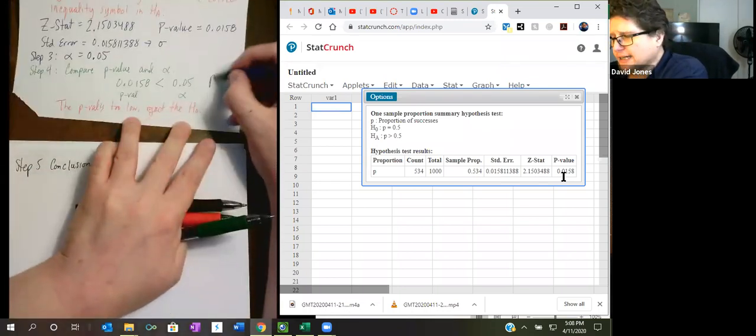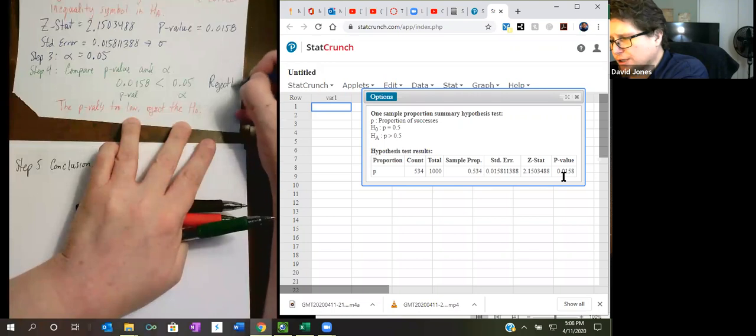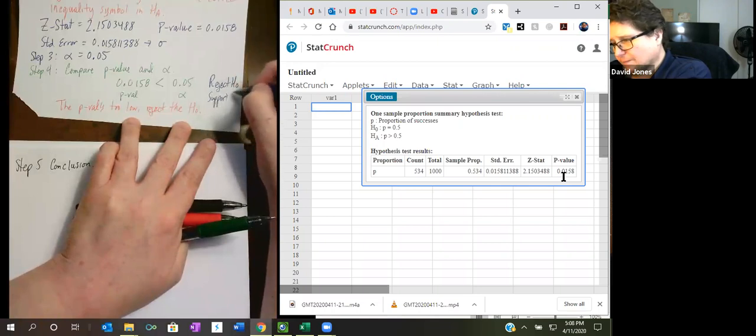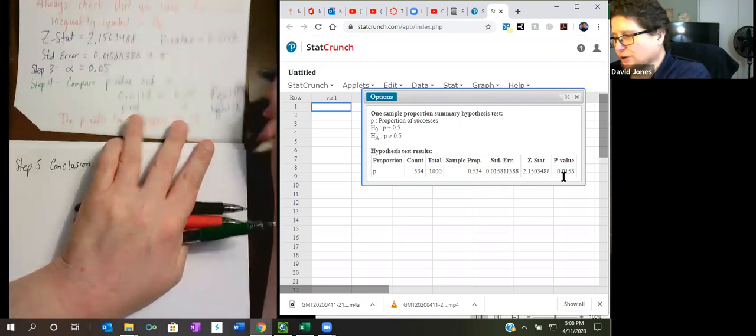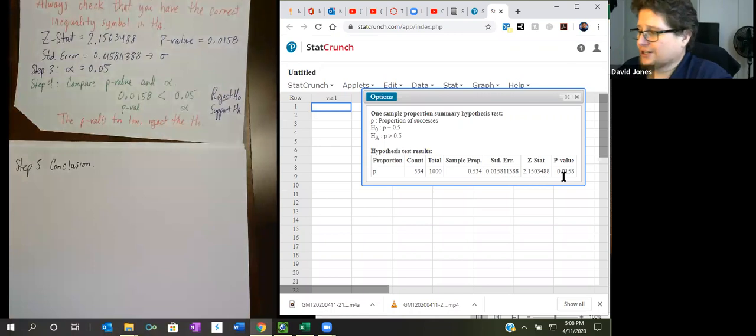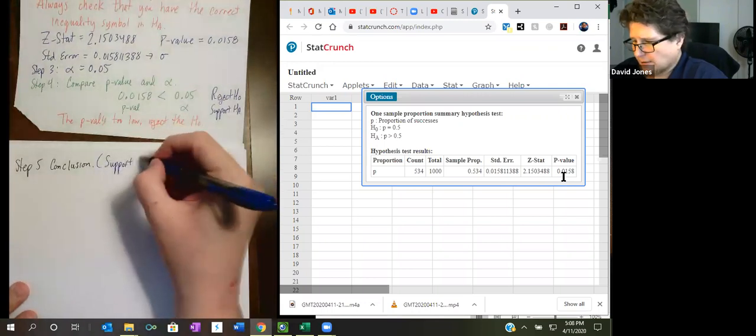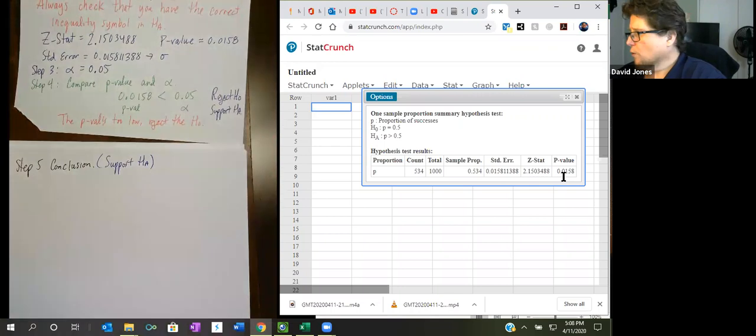If we reject H naught, what do we do in terms of HA? We support HA. If the p-value was not too low, we do not reject H naught, and we do not support HA. So here we're going to support HA. What was HA?